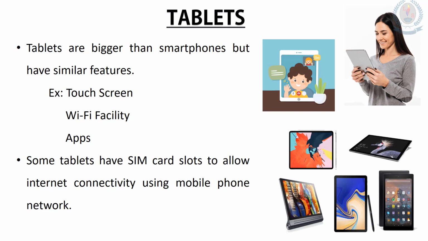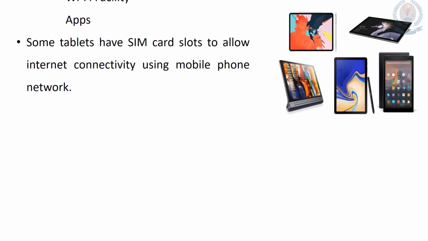We can download apps to the tab, and it has Wi-Fi connectivity to provide the internet access. Some tablet devices have SIM card slots to allow internet connectivity using the mobile phone network, so that they can be online when they are not within the range of a Wi-Fi signal.